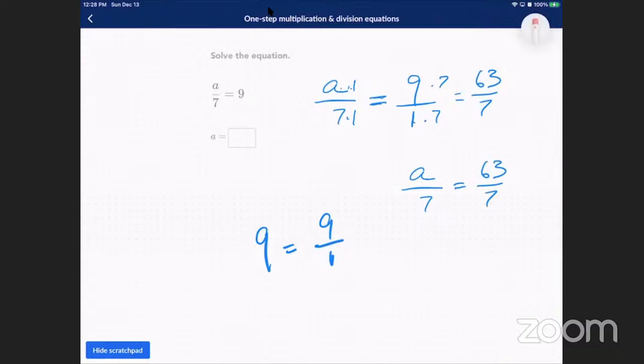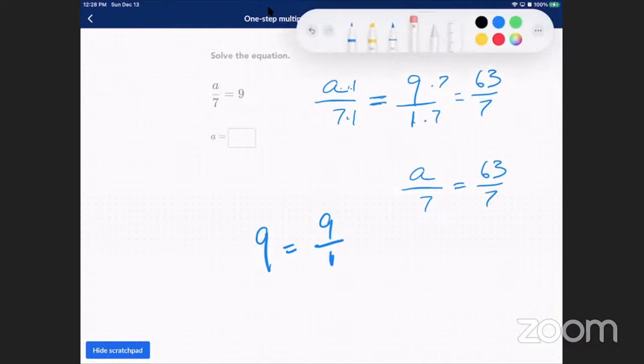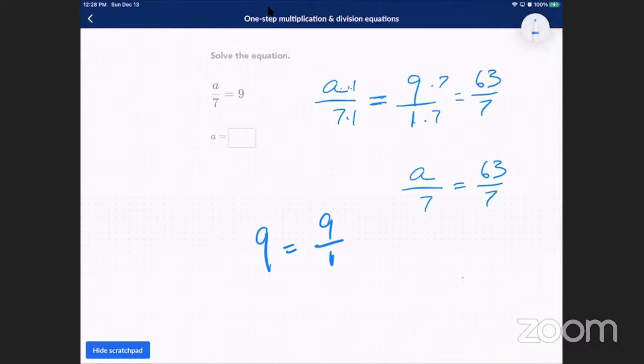Now, since we have it like this, we can go back to what we were doing before, where we would have 7. We put 7 over here, which would cancel that out.